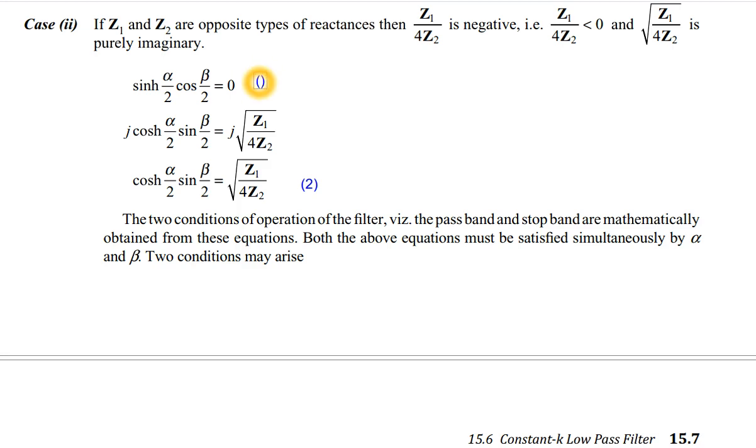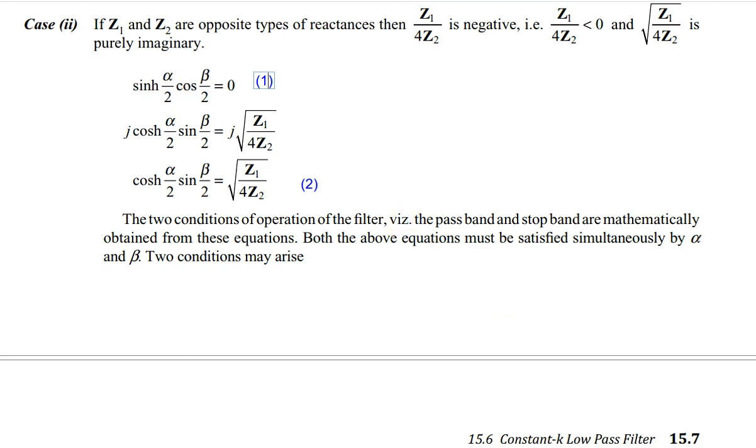So it is this one. This is the first one that should be satisfied in case 2. Along with that we should have the second one, that is this one. So when sinh alpha by 2 is equal to 0, right, we cannot have this.